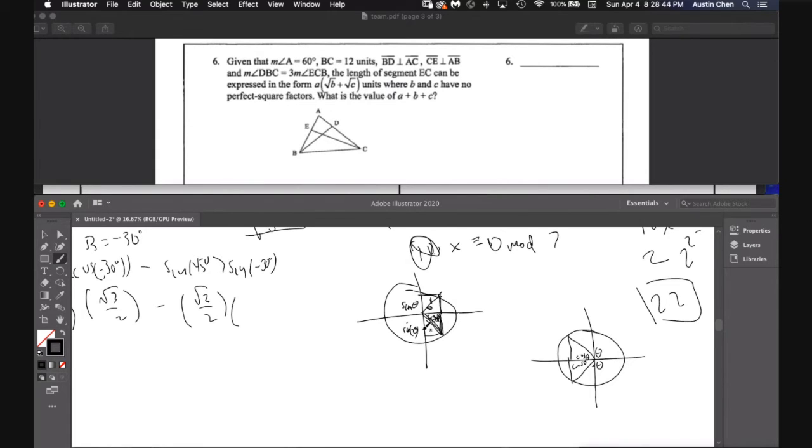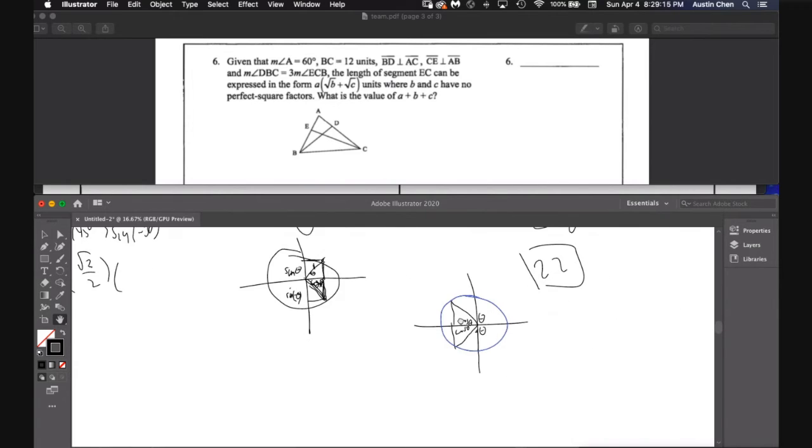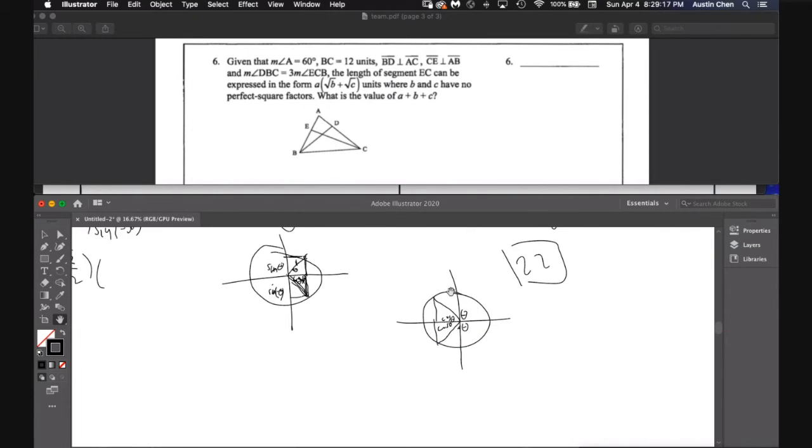But you can see that the sine of negative theta is on the negative y-axis rather than the positive y-axis here. And because it's symmetrical over the x-axis, the magnitudes of sine of theta and sine of negative theta are the same, but they are on opposite sides, right? So sine of theta and sine of negative theta are going to be opposite signs. And we can also look at this diagram with obtuse angles just to make sure.